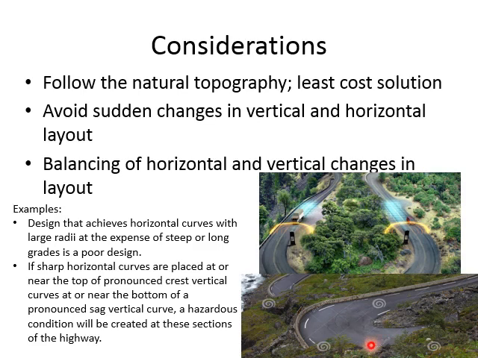You're changing the gradient as well as the direction very sharply. So these are examples of poor design. Try to avoid this combination, and try to avoid neglecting one plane or one part of the alignment when you're doing the other part of the alignment.